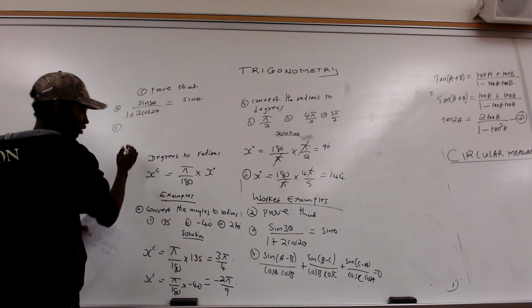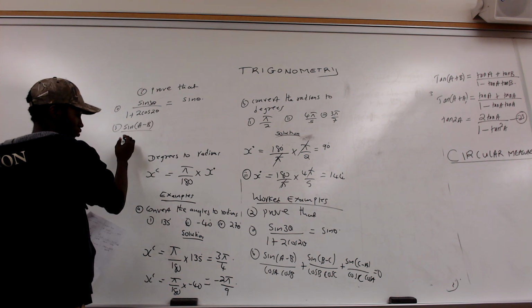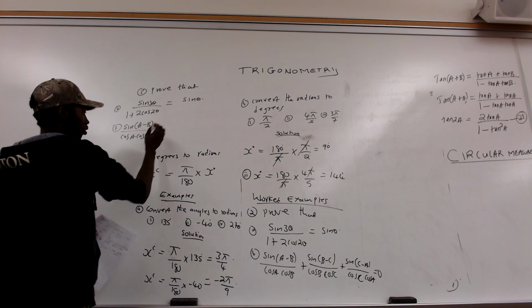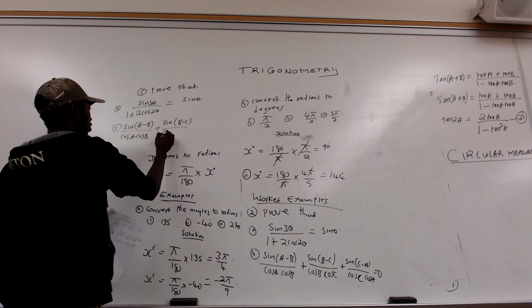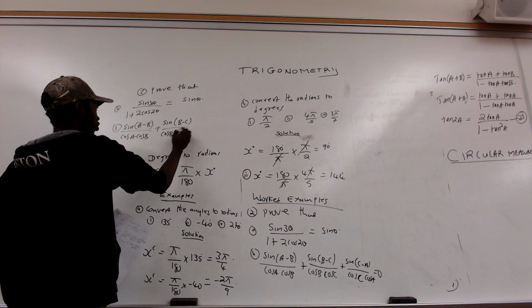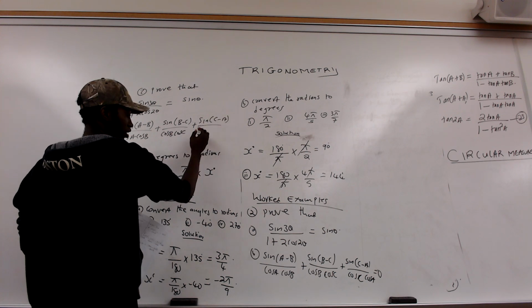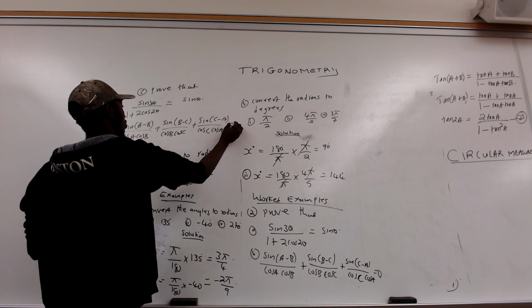And the second part says sine into a minus b all over cos a cos b plus sine into b minus c over cos b cos c plus sine into c minus a over cos c cos a equals 0.